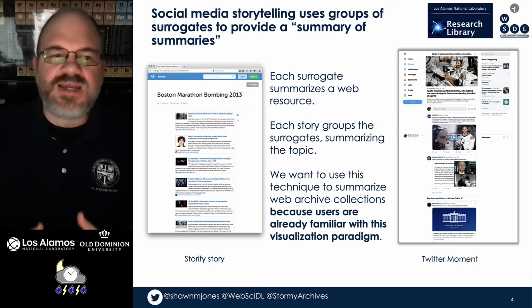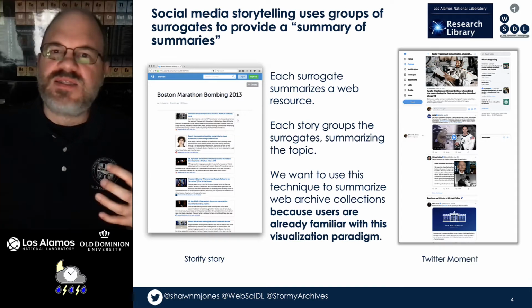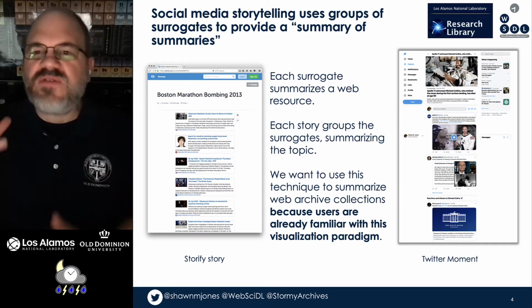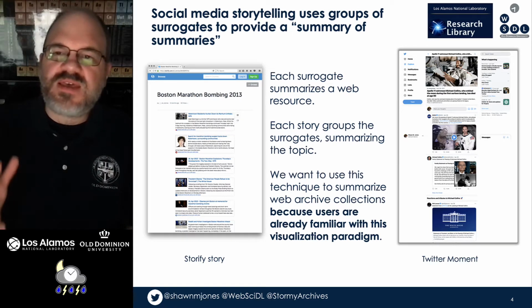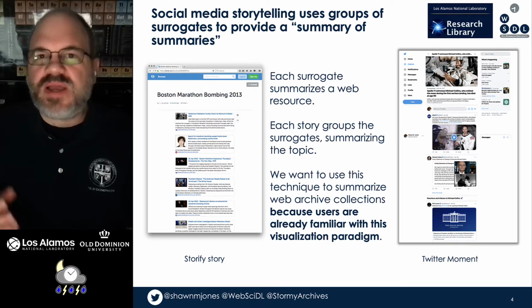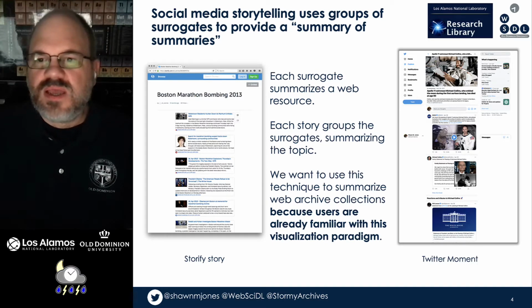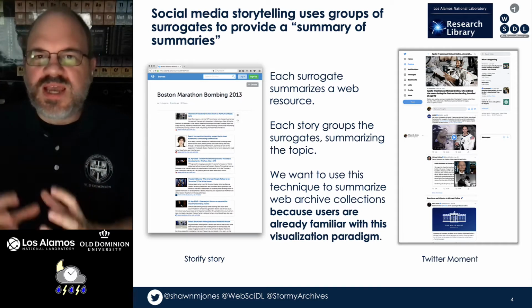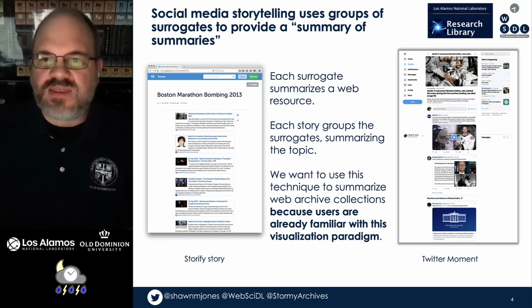There's also headlines and fav icons and dates and other things. On the right, we have a Twitter moment, which is covering the death of Apollo 11 astronaut Michael Collins. We have stories covering his life, what he accomplished, and reactions to his death.